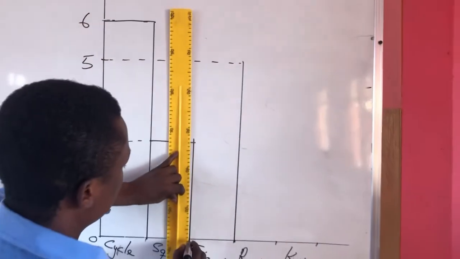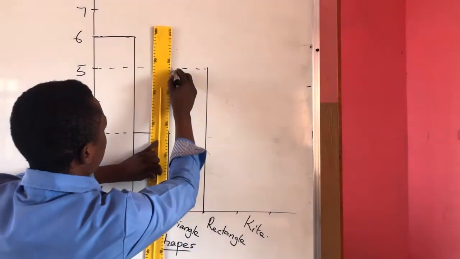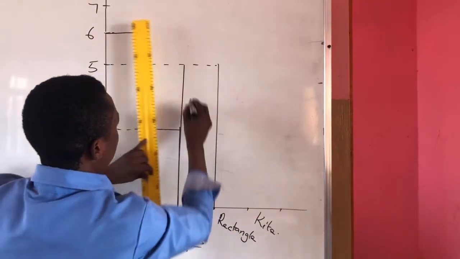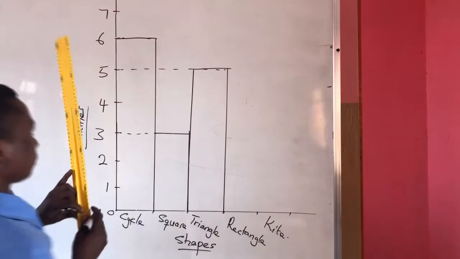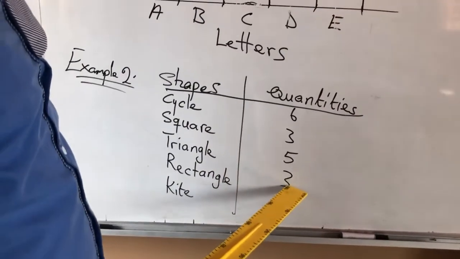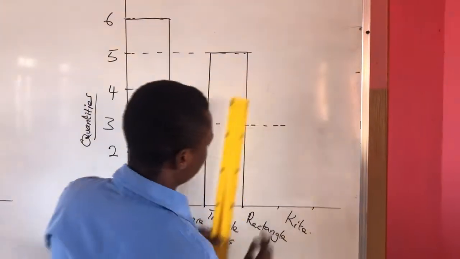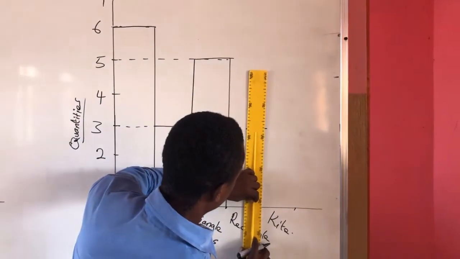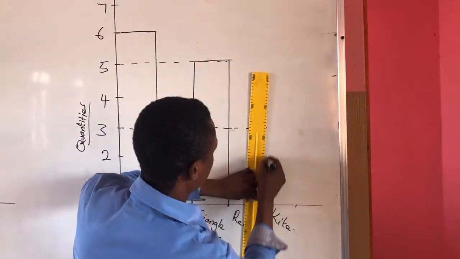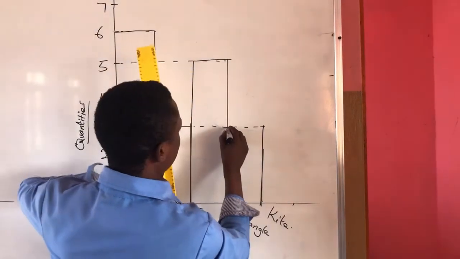Then you come to this side, you extend this line also up. All right, the next one is rectangle, which is 3. This is 3.